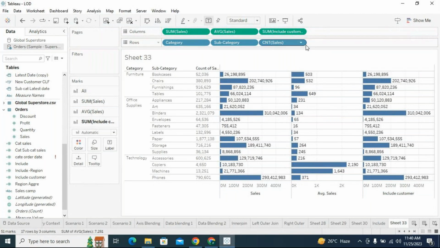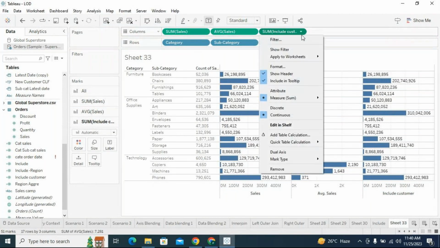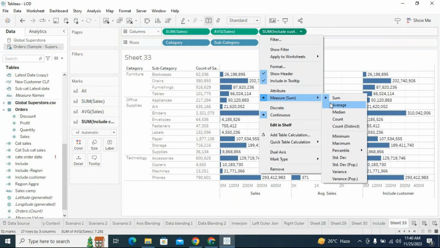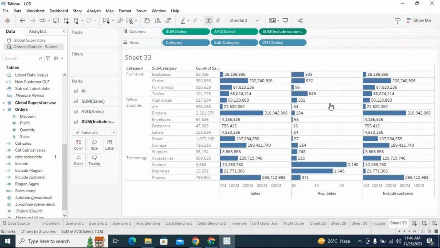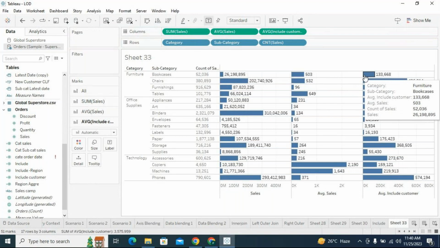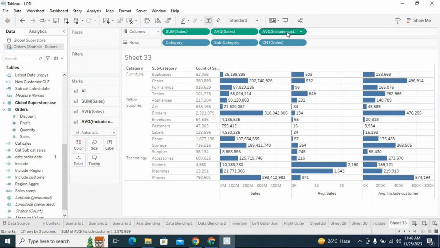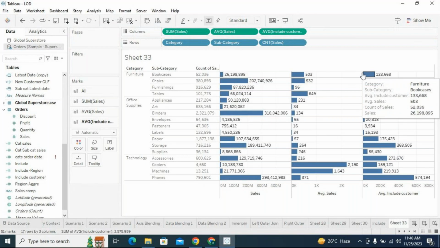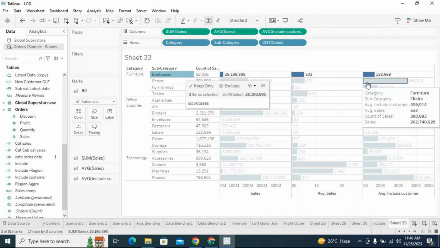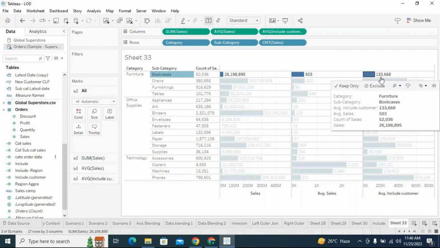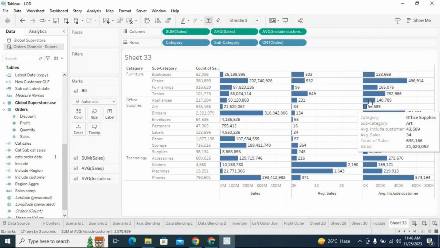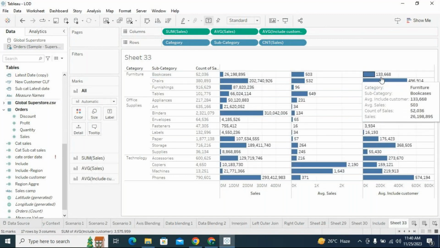But when you change the aggregation from sum to average, what does it return? Sum of sales divided by number of customers. Why number of customers? The measure itself is derived at customer name level. So customer sales for this cell, for this record, divided by number of customers. So the average of customer sales is 1,33,668.